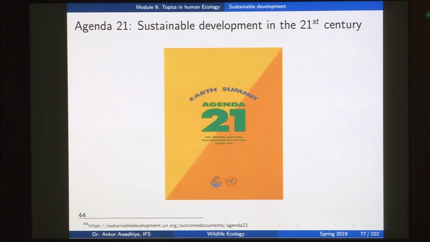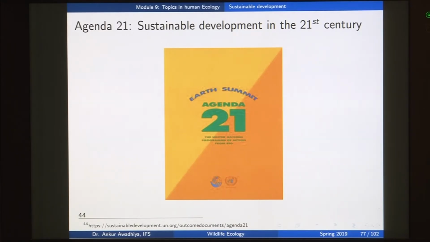So, this talks about strong sustainability in a number of situations, and because of this we are now talking about climate change, and we are saying that we need to cap our global greenhouse gas emissions so that climate change does not cross the threshold of 1.5 degrees Celsius, or in the worst case scenario it does not cross the threshold of 2 degrees Celsius.